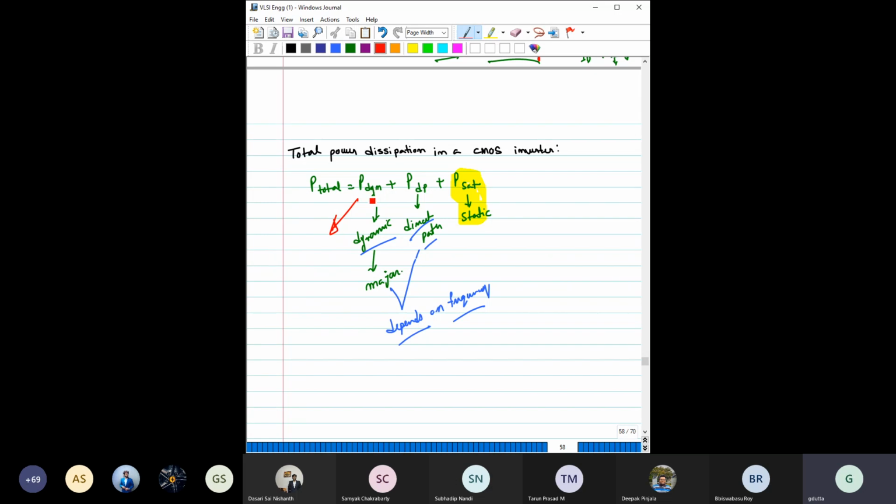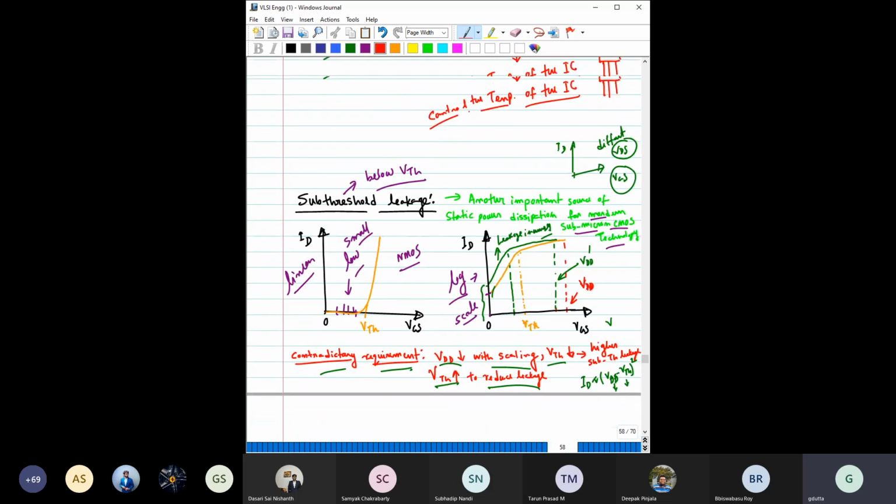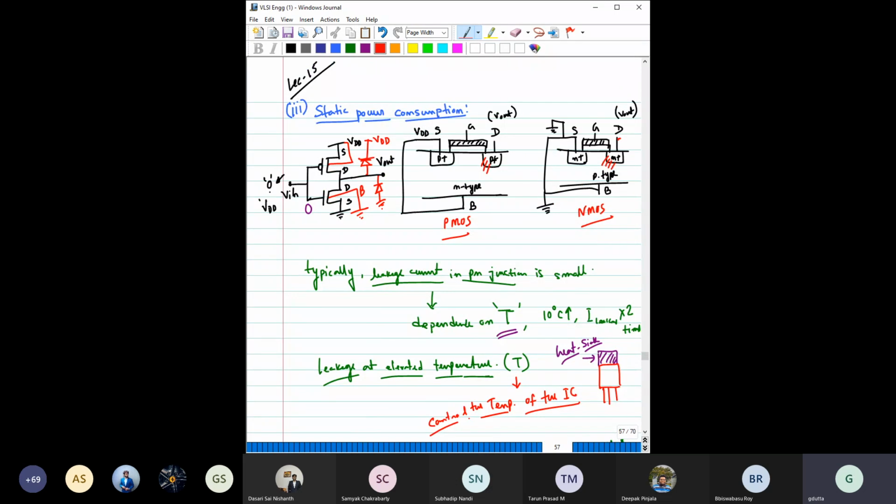This dynamic power dissipation is proportional to VDD square. This is proportional to VDD, and this P static is also proportional to VDD only, because it is basically the leakage current. If you have to see the power dissipation, then you have to find VDD times the total leakage current, right?